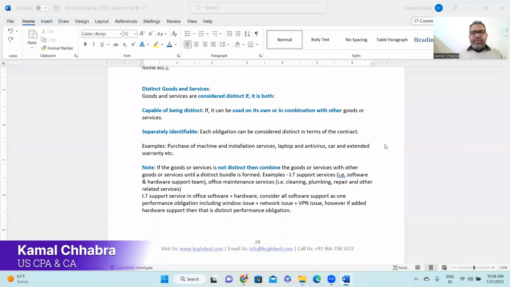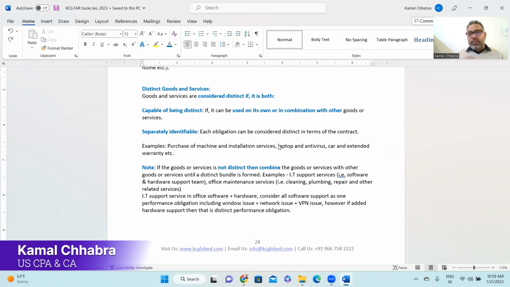So another example is laptop and antivirus. They both are distinct because antivirus can be sold independently, right? And can be combined along with the laptop deal, which is the example we discussed in the first half. Second is car and extended warranty.